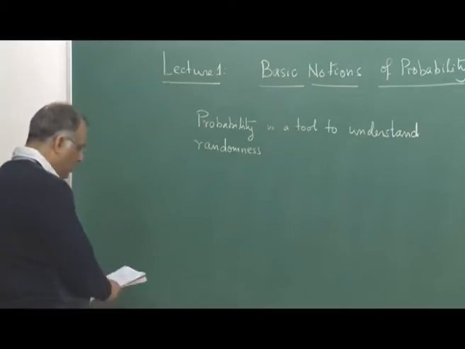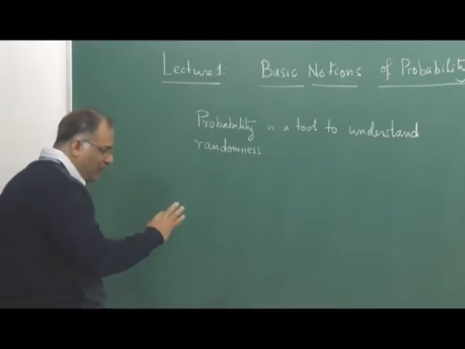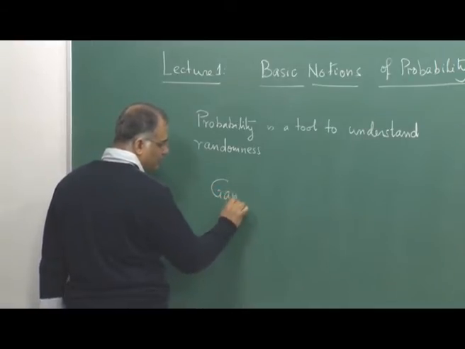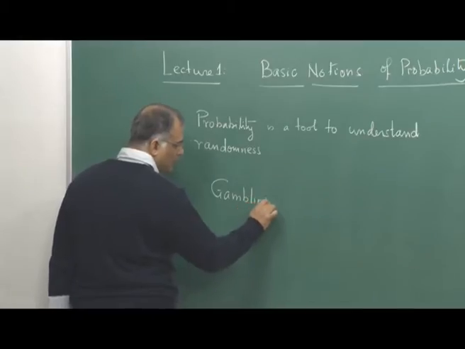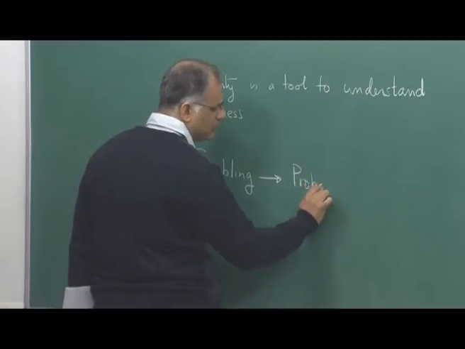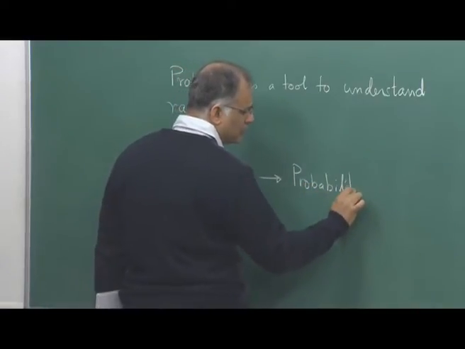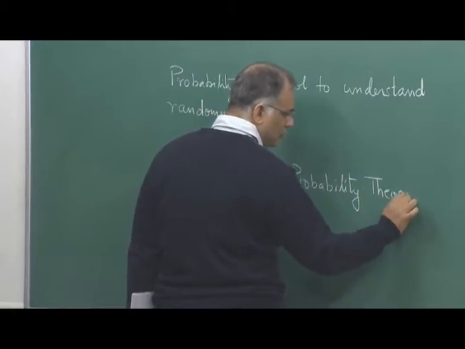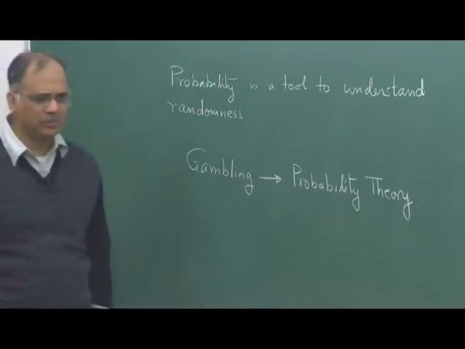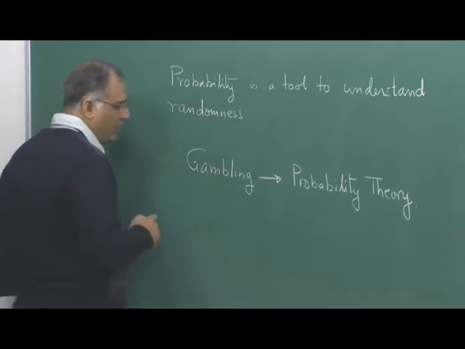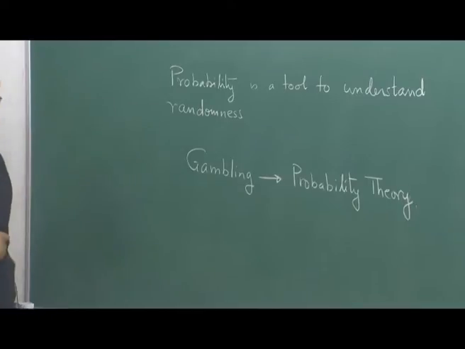Now, the real mathematical ideas of probability came out by looking at the problems of gambling. So, it is gambling to probability theory. Probability theory came out of a vice rather than some virtue.